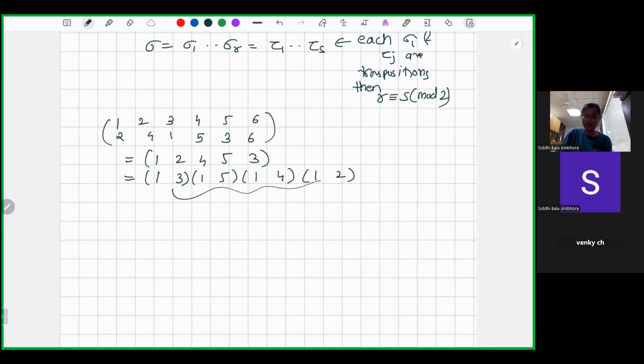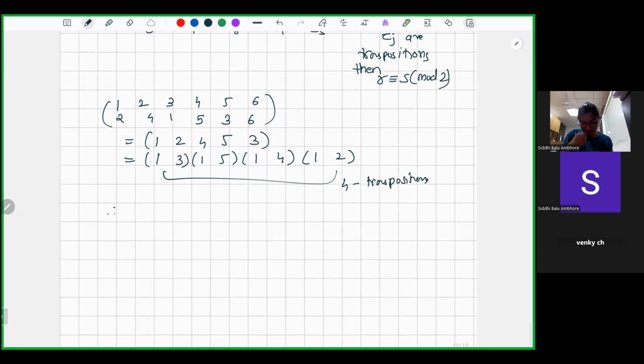So these are 4 transpositions. Therefore, if this is sigma, then the sign of sigma is -1 to the power 4, that is just 1.